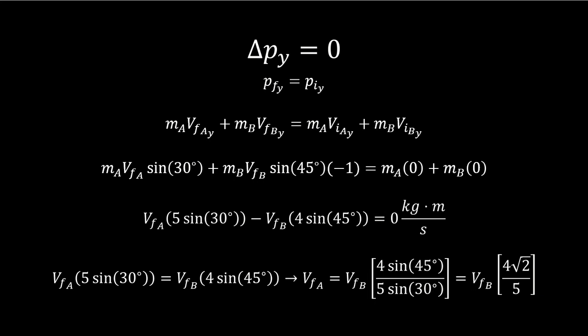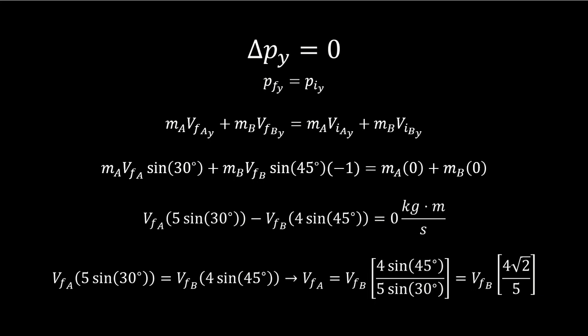We can easily solve for one unknown in terms of the other. It doesn't matter which one you do, but if we solve for the final velocity of A, it is equal to the final velocity of B times 4 sine of 45 degrees divided by 5 sine of 30, which just simplifies to 4 square root of 2 over 5.